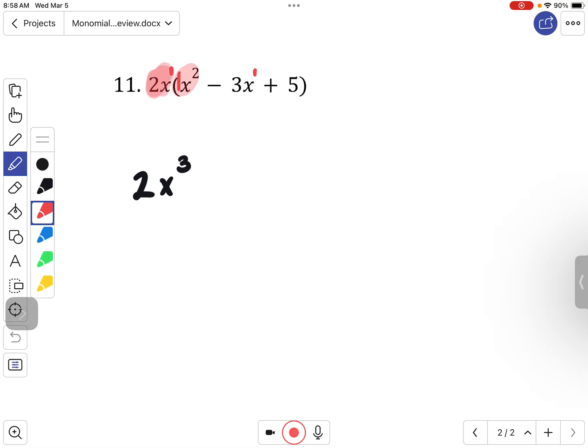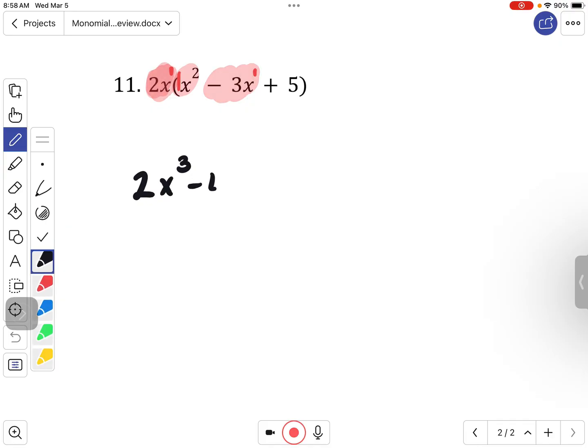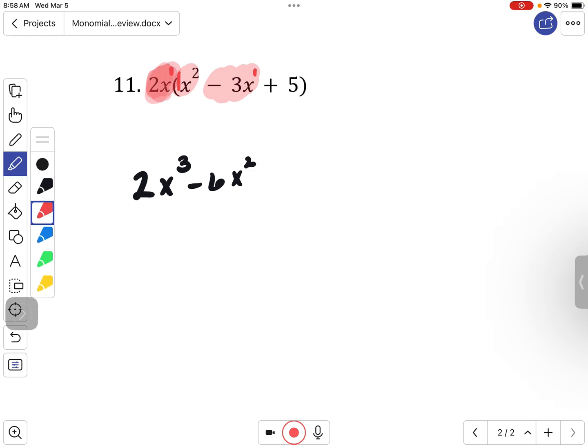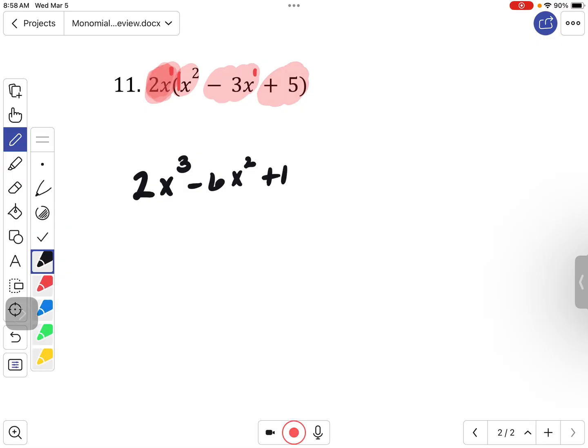If I want this 2x to the first times negative 3x, 2 times negative 3 is going to give me a negative 6, and I get x to the second. And then if I want this 2x to the first times 5, that's going to give me plus 10x.